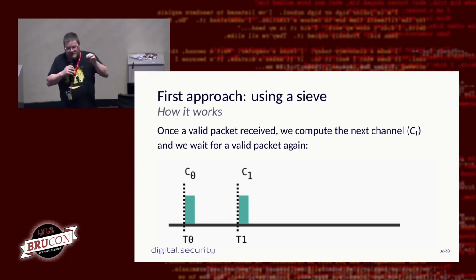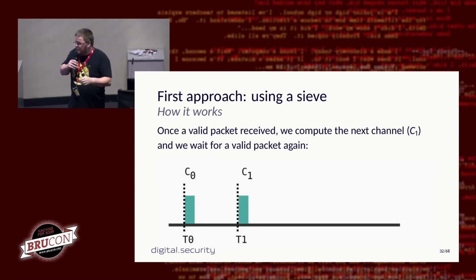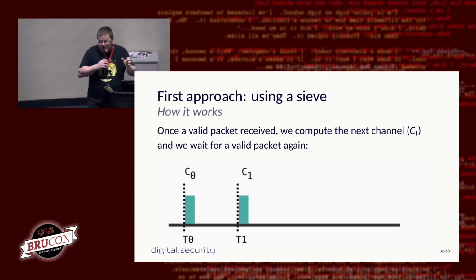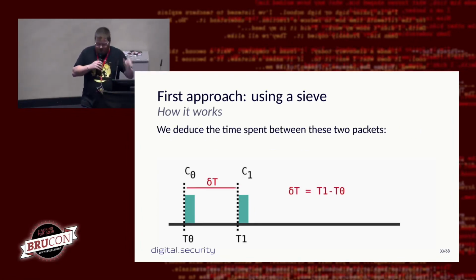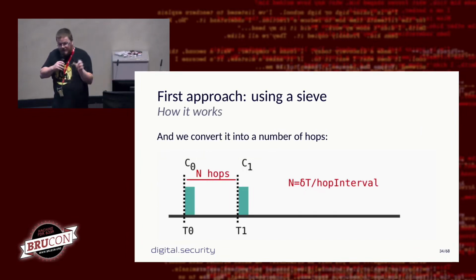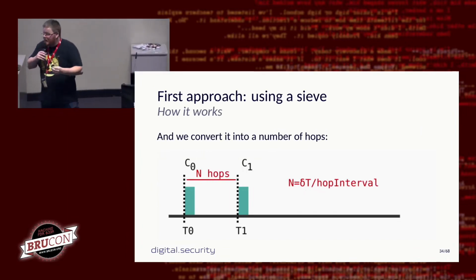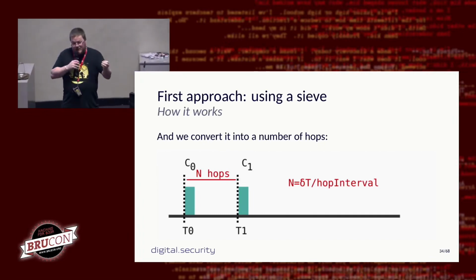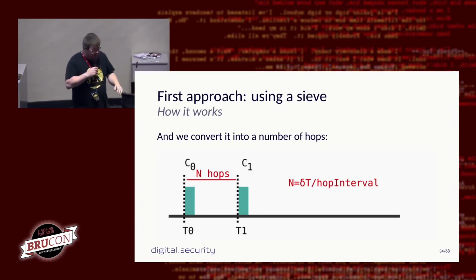If the counter at T0 was 0, then we would have spent only one hop interval between the two packets. So we measure the time and divide it by the hop interval value. If n is greater than 1, that means my candidate is not the counter value, so it is easy to eliminate this candidate and keep the others.